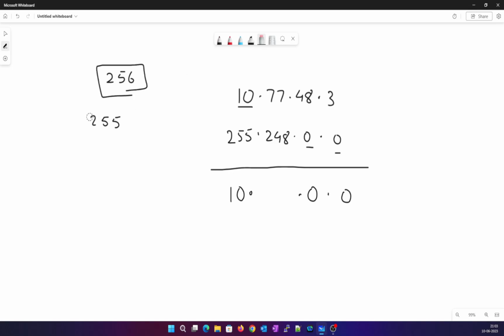As simple as that. Now we will use this magic number and subtract the difficult mask here, that is 248. So 256 minus 248 gives us a value of 8.